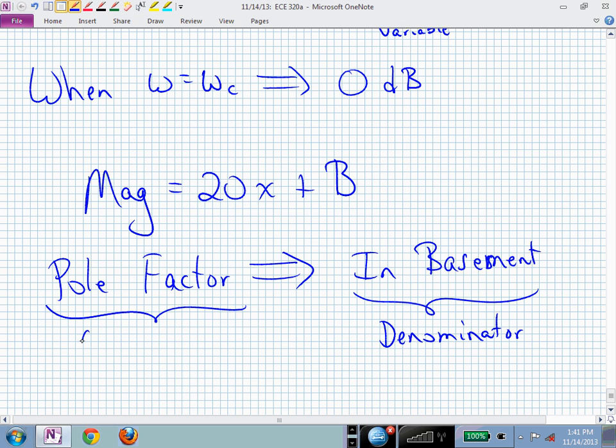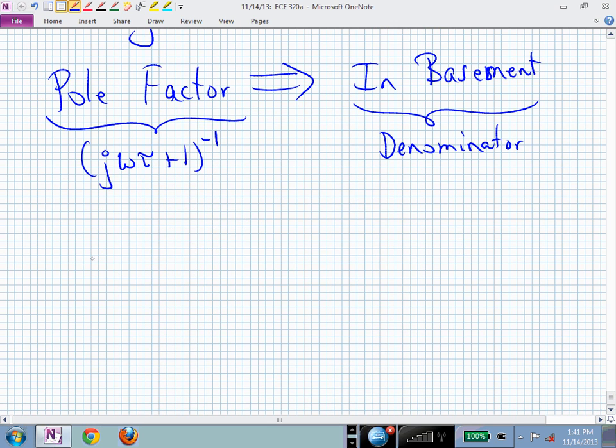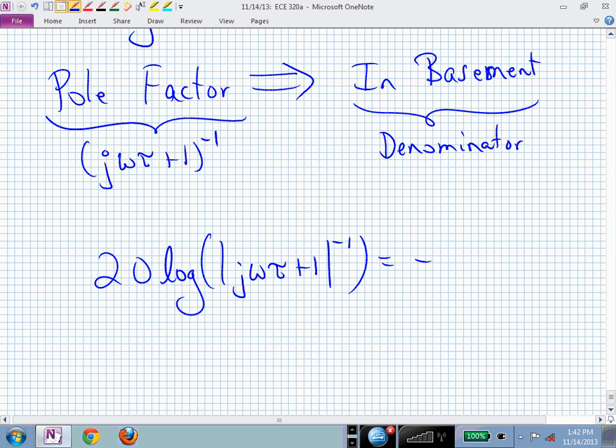This pole factor was this j omega tau plus 1 raised to the minus 1. And so when we were looking at 20 times the log of j omega tau plus 1 raised to the minus 1, we now have this minus 20 log of j omega tau. Is that making sense?